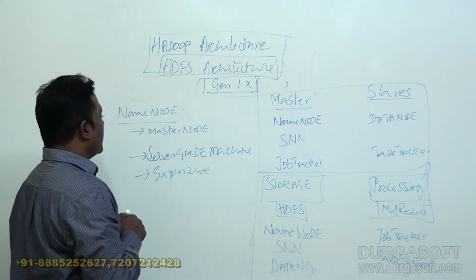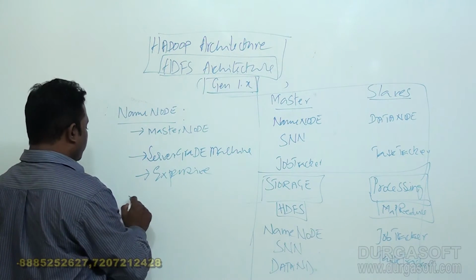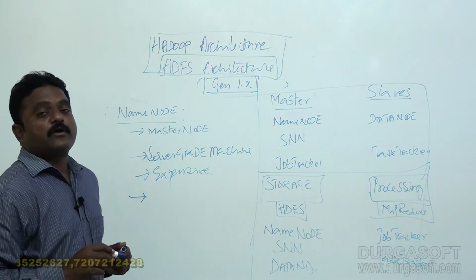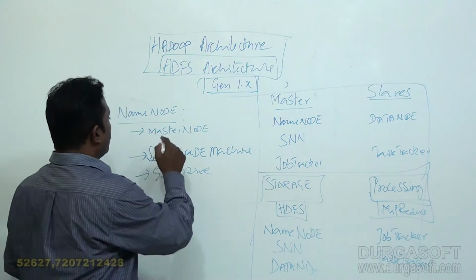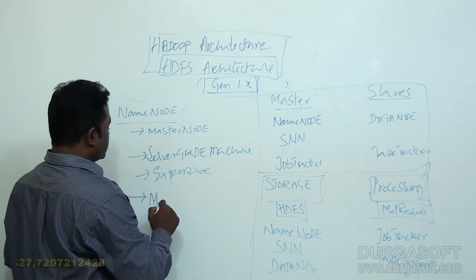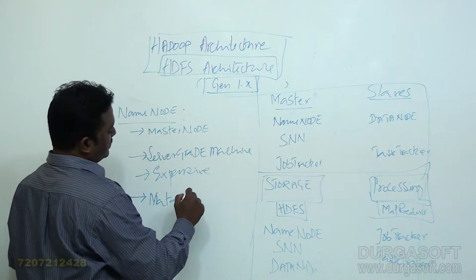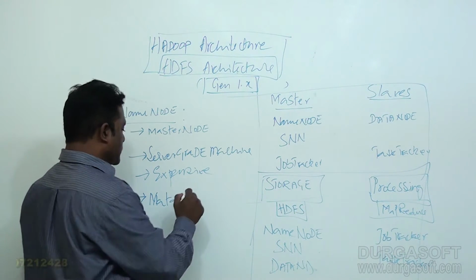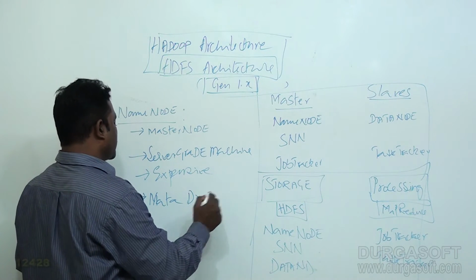So here what we are saying is master node contains some information. That information we call metadata. Now, what is metadata?